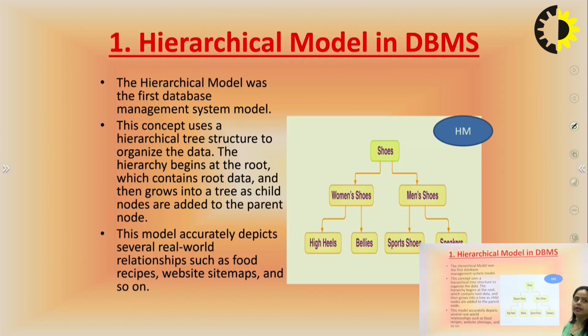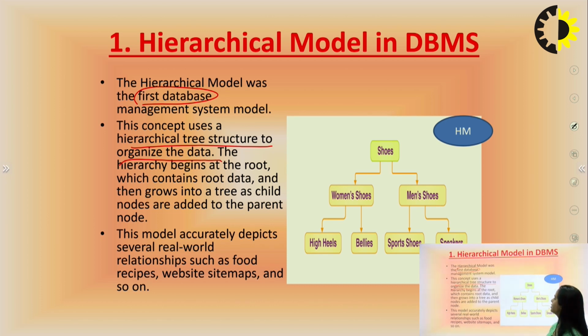First is the hierarchical model in DBMS. The hierarchical model was the first database management model. It was the oldest data model. The concept uses a hierarchical tree structure to organize the data. For example, you have seen on Flipkart, if we want to purchase some footwear, we have to go into the footwear section, and footwear is partitioned into two parts, one for ladies and one for men, and the ladies part is further subdivided into shoes, slippers, sandals, or bellies.